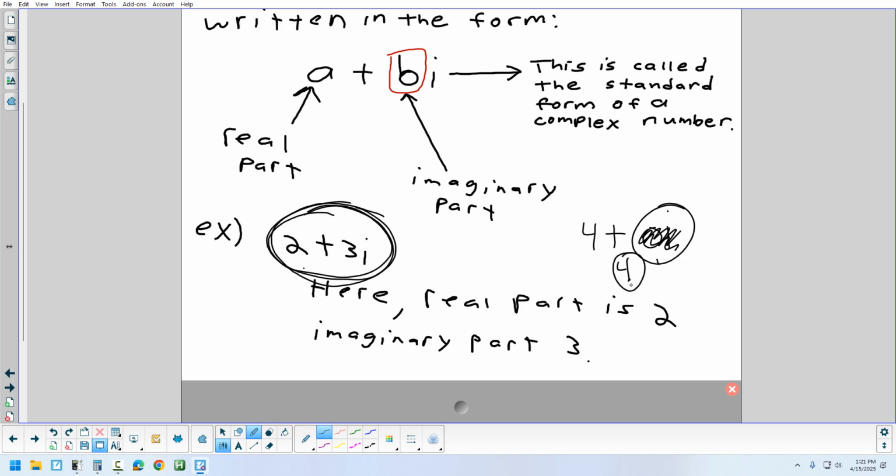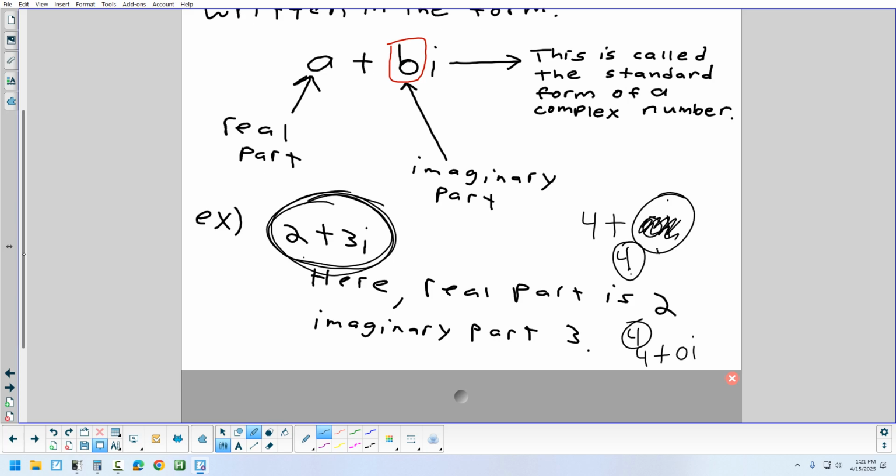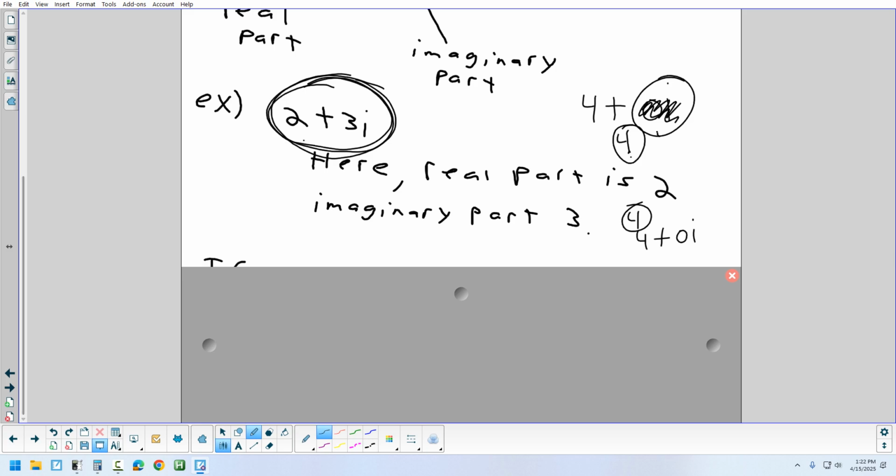There's no imaginary part, so we don't write it. So whether you write this or you write this, they're both standard form and they both mean the same thing. This is a lot more common. So it's basically the same thing as saying 4 over 1. Yep.